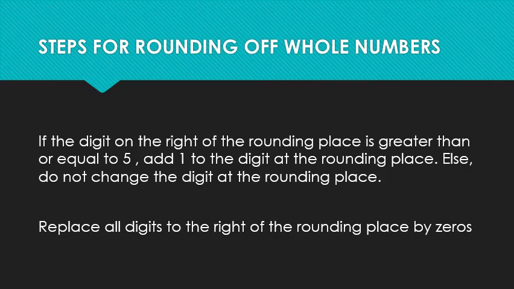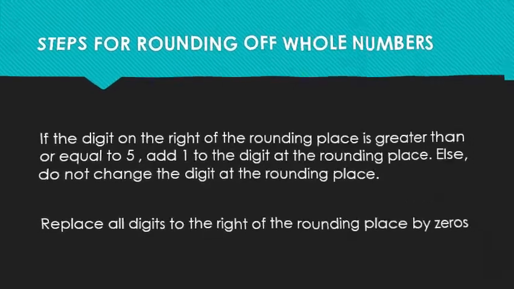So in the round off, the next step is that whatever digits are there on the right of the rounding place, we will replace those digits by 0.